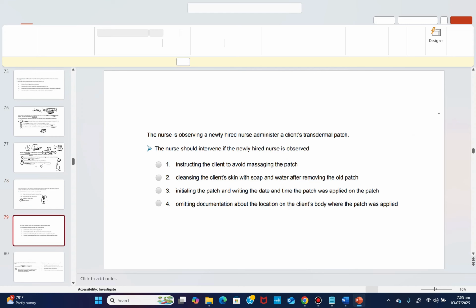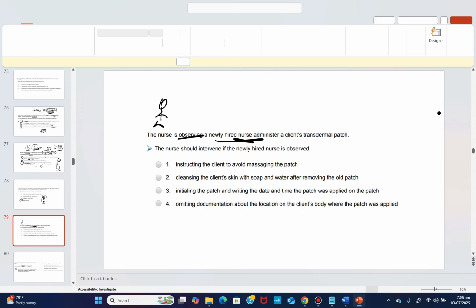The nurse is observing a newly hired nurse administer a client's transdermal patch, right? So in this question, the nurse is not even caring for the client at all. Instead, the nurse is observing a newly hired nurse administering a transdermal patch. Now, see something. Since the nurse is observing, that keyword, observing, go and check any question related to observing.